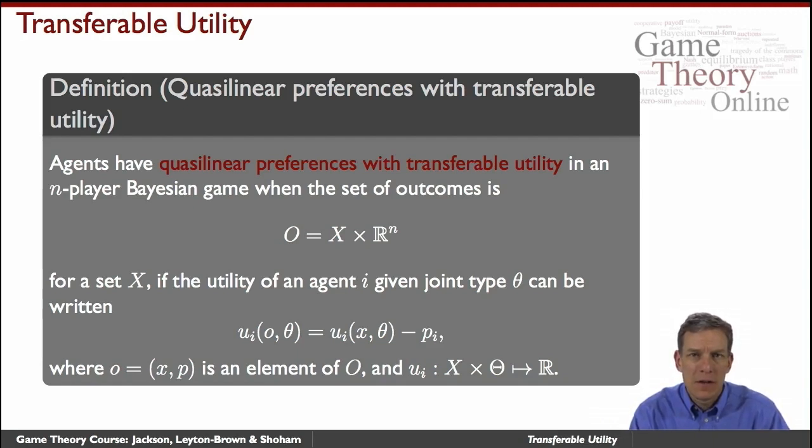And the idea, before we get into the formal definitions, is that there's something like money, some transferable good that we can move back and forth between agents, and we know how much that's worth to them, and we can trade that off versus utility.